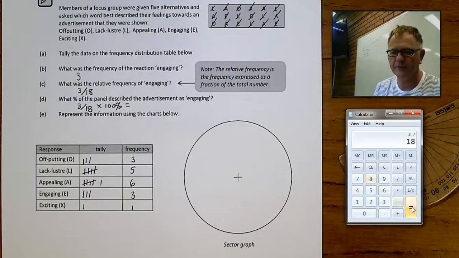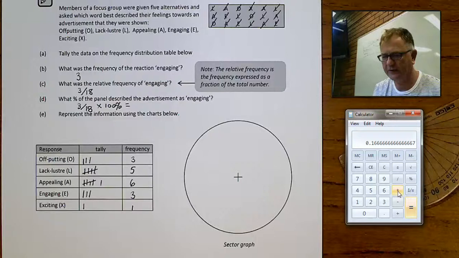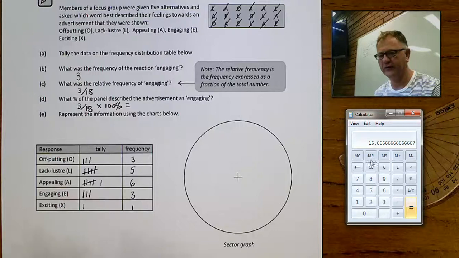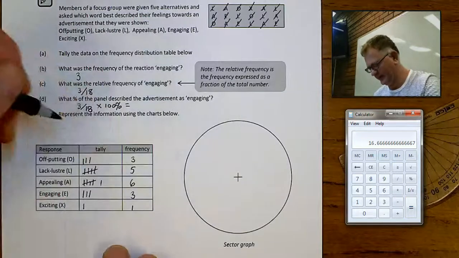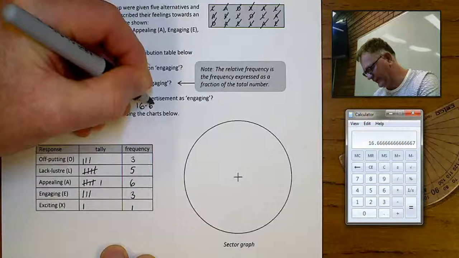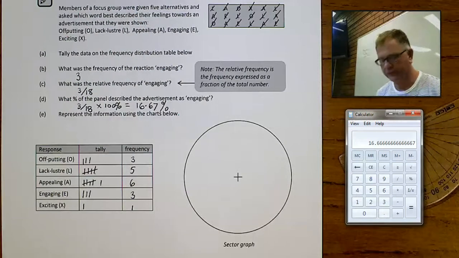If you do an equals there, that will give you the answer as a decimal, but we want it as a percentage. Change the decimal to a percent, you times it by 100%, and that'll give you 16.666, probably round it to 2 decimal places, 16.67%.